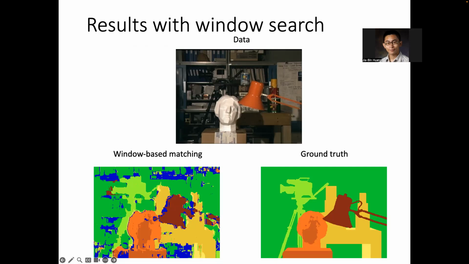How do you make pixels not just make decisions independently? What type of constraint will make sense? What will a typical depth map look like? This is the ground truth. Any idea?